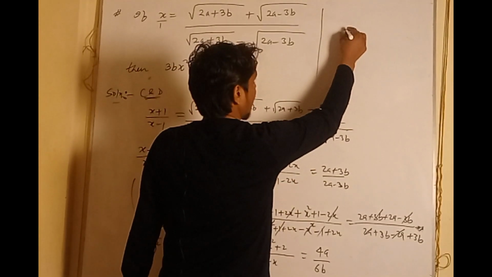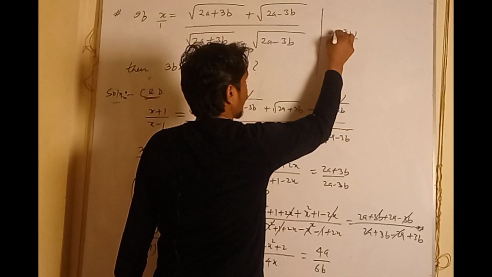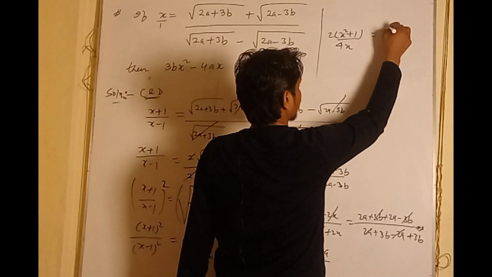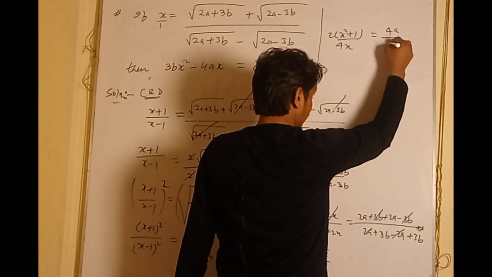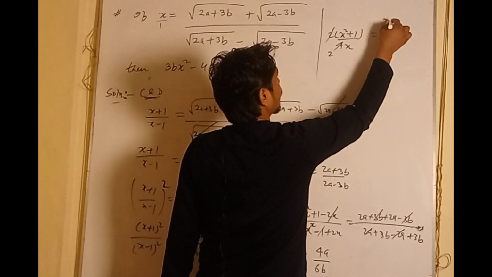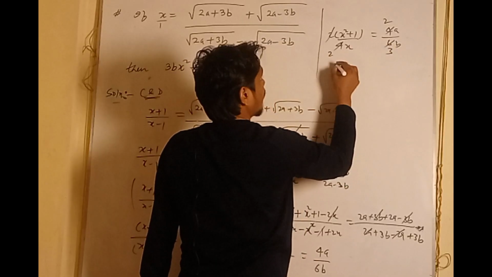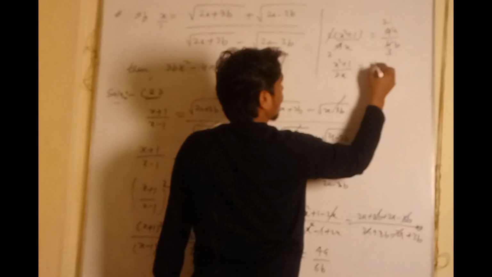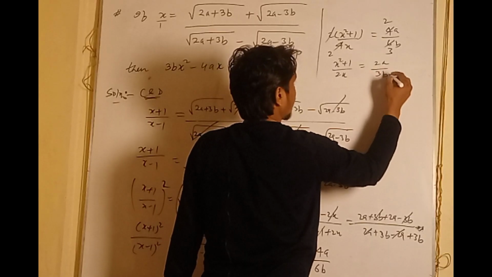So we'll get (x square plus 1) times 2 over 4x is equal to 4a over 6b. Now this 2 cancelled, and on the right 2 goes into 4 and 6. So (x square plus 1) over 2x is equal to 2a by 3b.